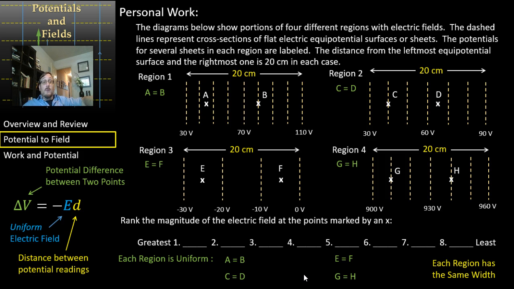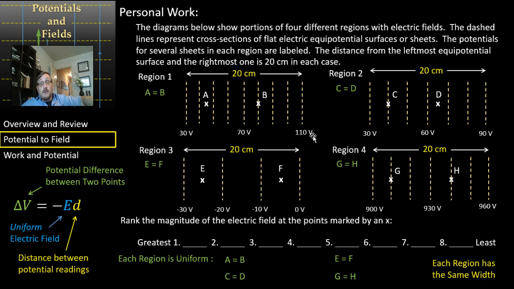All right, and if we just need to figure out for that region, well, we really just have to find delta V from the rightmost to the leftmost and divide by 20. All right, so here it's 110 volts minus 30 volts. That's, I don't know, 80 volts divided by 20.